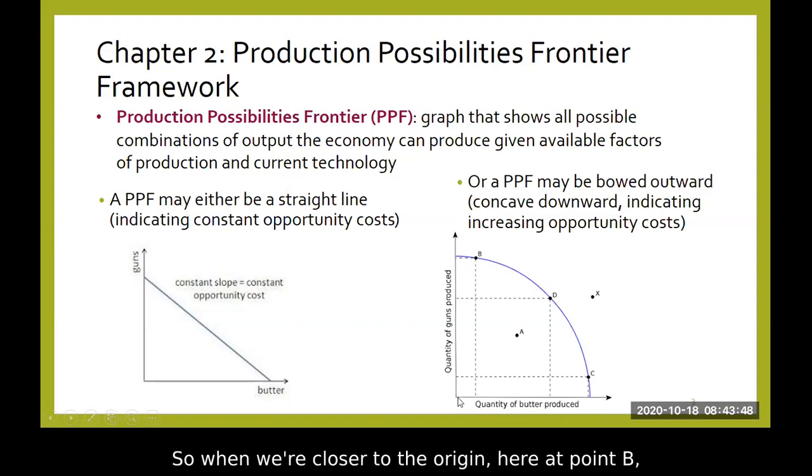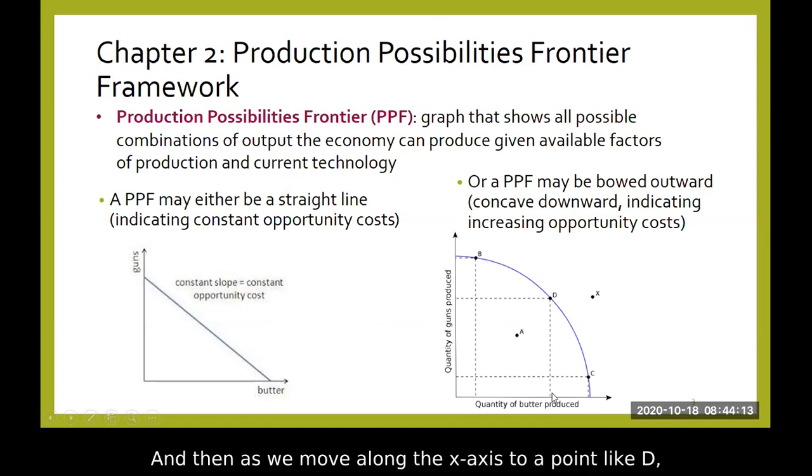When we're closer to the origin, here at point B, so for smaller values on the x-axis, the slope tends to be relatively flat. At B, it looks like the slope might even be 0. So this indicates we have a smaller slope.